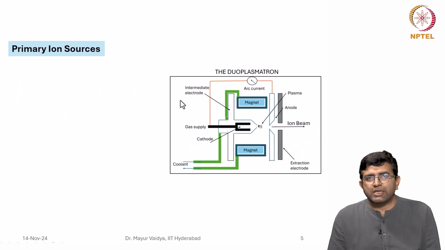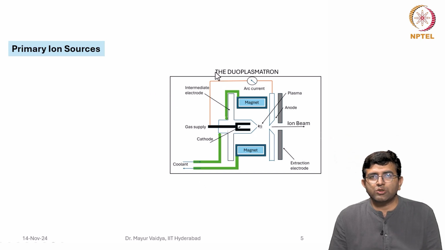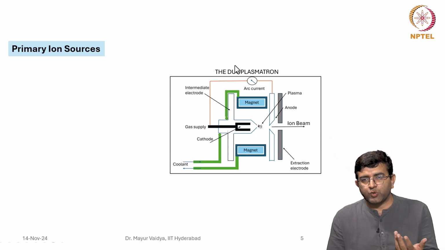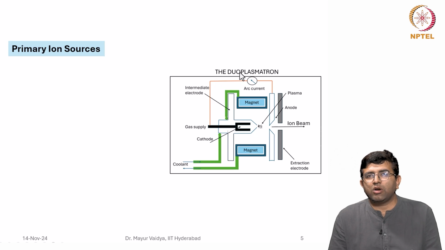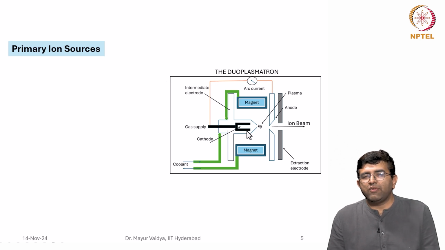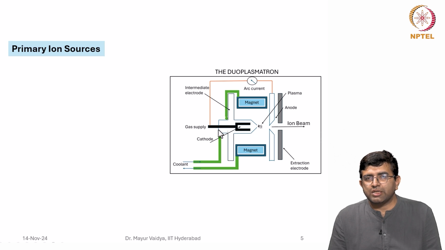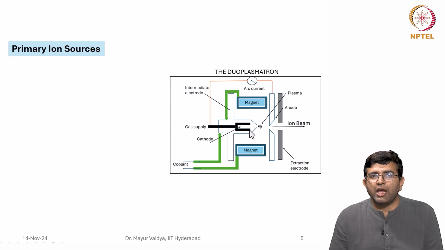A couple of examples of the primary ion sources I wanted to show you. There are two major types of sources that are used. One is called a duoplasmatron. The schematic is given here. Basically, a gas is supplied, and through an electromagnetic setup, this gas is heated and ionized, and a plasma is generated.